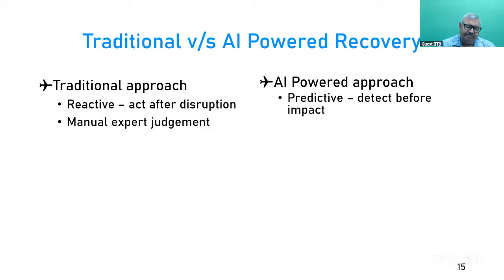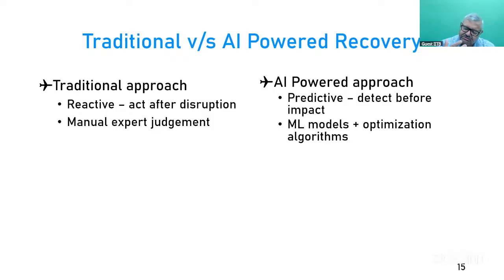The traditional approach depends on manual judgment by experts. Experienced professionals in the operations department, based on their judgment, are able to assess and suggest remedies for IROPS. But in the AI-powered approach, we use machine learning models and optimization algorithms, which are trained on the database of all recorded incidents in the past.